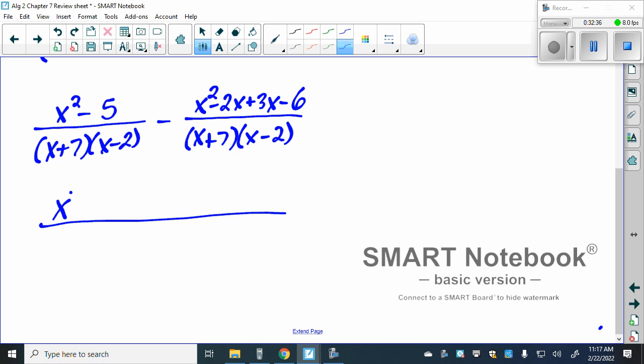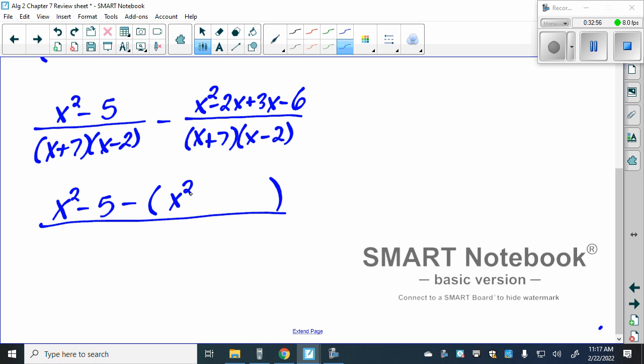So the first one, we do have our x squared minus 5. Since there's not a negative in front of the first fraction, we don't have to worry too much about the parentheses. I'm re-putting the parentheses up there just so we can make sure we get the signs for the second term right.